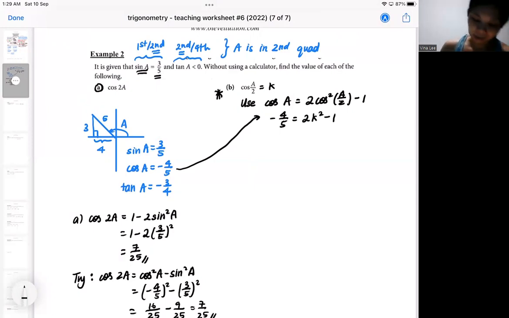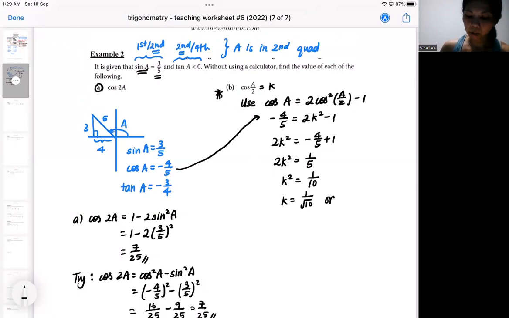And then you do it as if you are finding k. So you are getting two answers for k, a positive and a negative answer. So for cosine A/2 you got two possible answers.